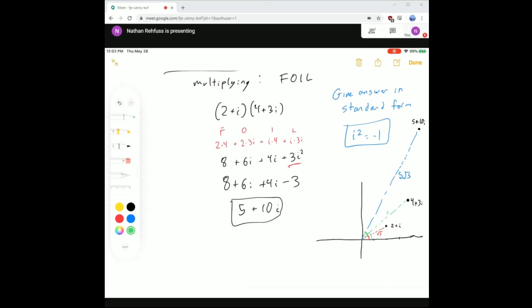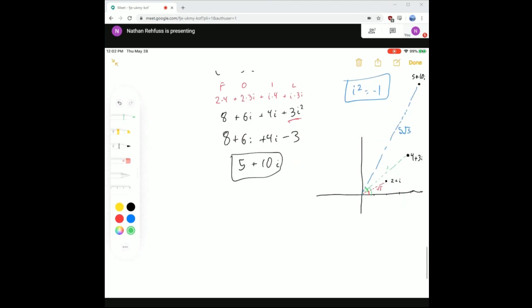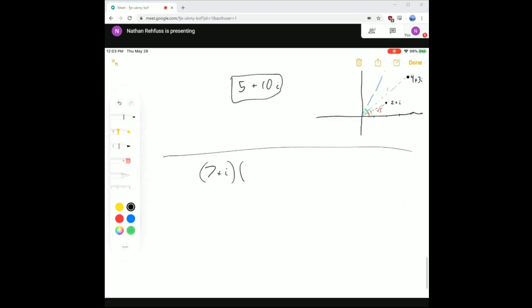Here's how we multiply complex numbers. Let's do a couple more examples. If I have, say, 7 plus i times -3 plus 5i, first, I'm going to FOIL. First is -21, 7 times -3. Outside is 7 times 5i, that's 35i.